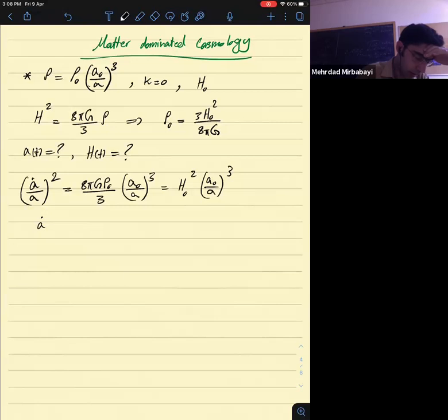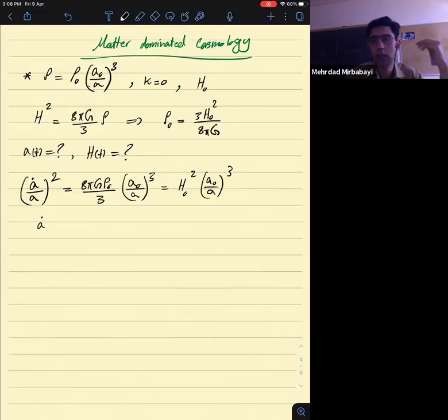So one thing that I can do here is a rescaling of a and set a naught to 1, just for simplicity. So whenever you see a from now on, it is a over a naught. I just multiply a by a constant, which can be reabsorbed into rescaling of the co-moving coordinates.